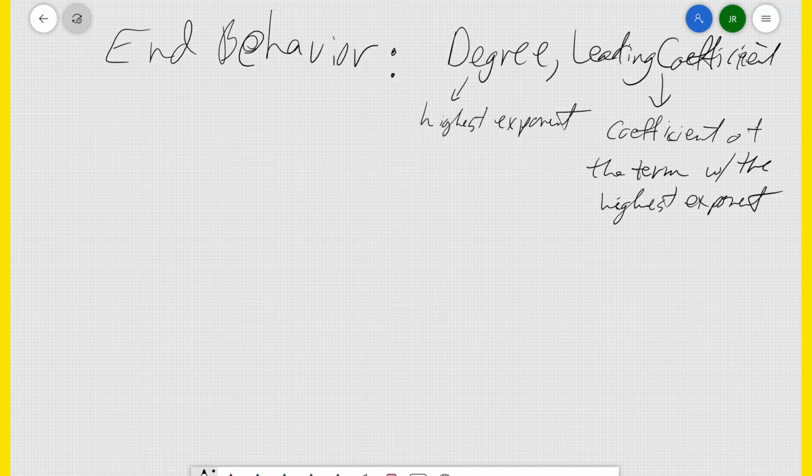The degree and the leading coefficient determine everything about the end behavior, because all the other terms are going to kind of bow down to that leading term. The term with the highest degree is going to take over when it comes to the end behavior.